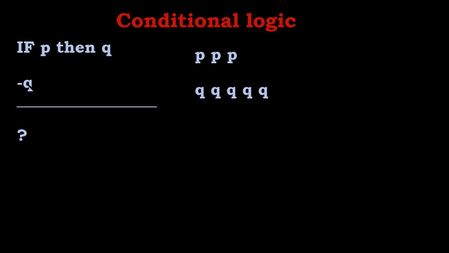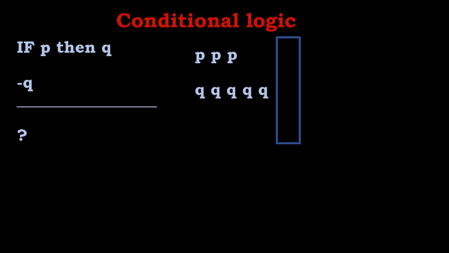If P, then Q, and then we negate Q. Can we have a conclusion that validly follows from the 2 premises? Actually, we can. We have not Q there, and we aligned it with not P. Can we have a not Q that aligns with P?